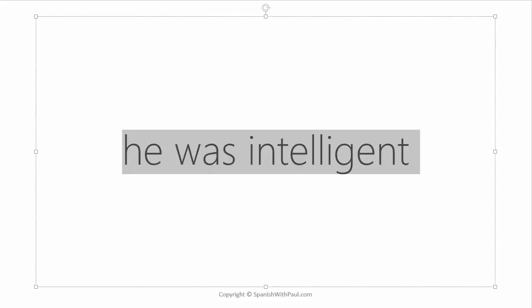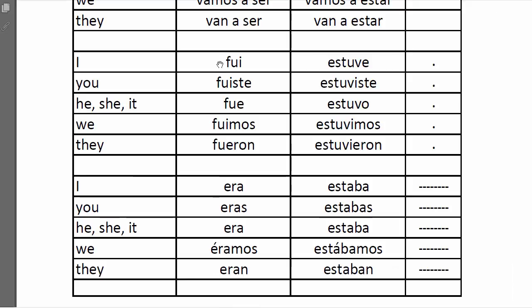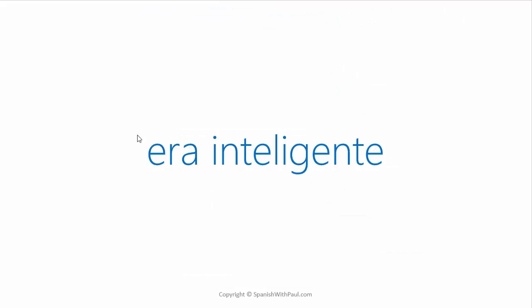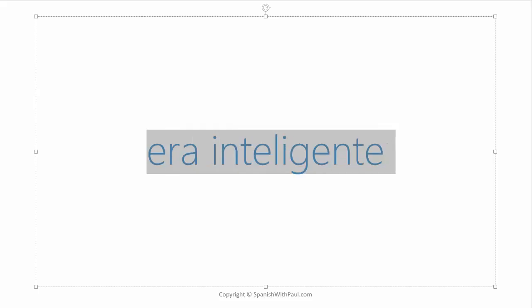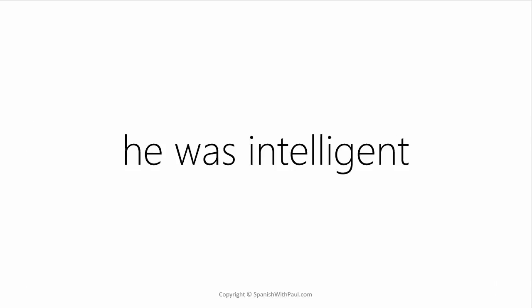It's simply he was intelligent. So we have ser and we have the line past. If we go over to the PDF, you can see here we have ser and the line past. So was here would be era. So we have era inteligente. I had four choices there that I could have chosen, but that's the process at how I arrived at era for he was intelligent.